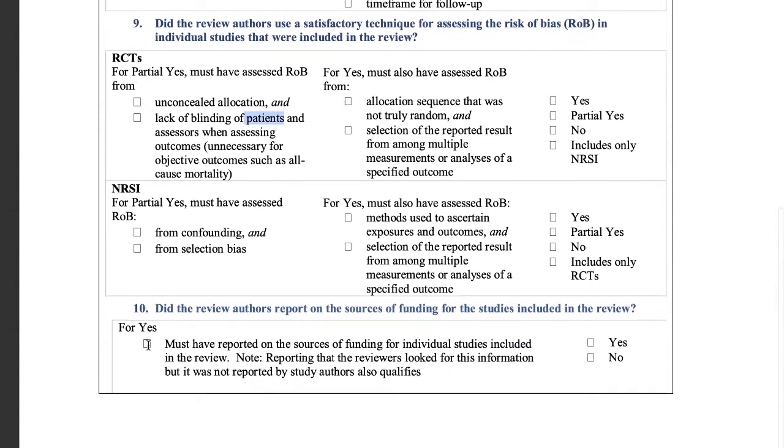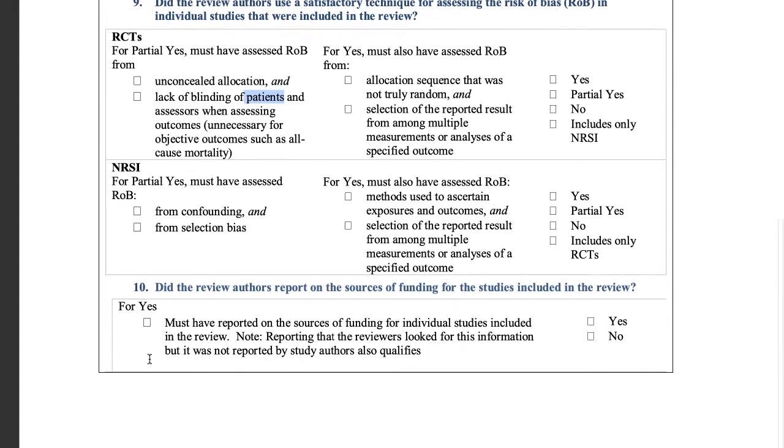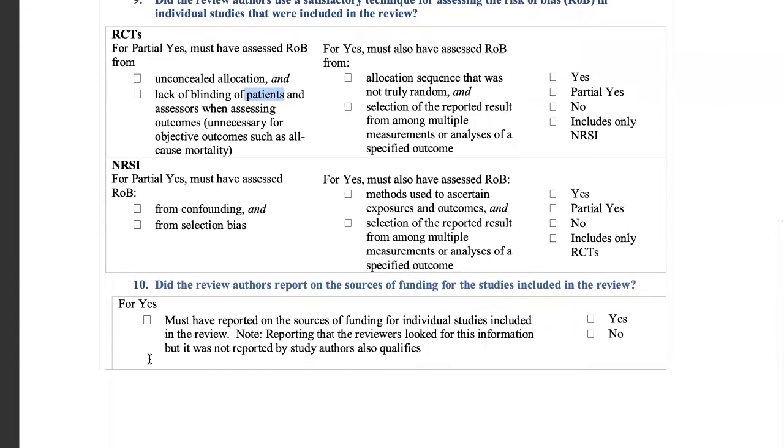The next question is, did the review authors report on the source of funding for the studies included in the review? For yes, they must have reported on the sources of funding for each one of the individual studies included in the review.